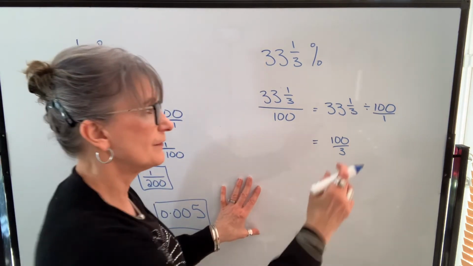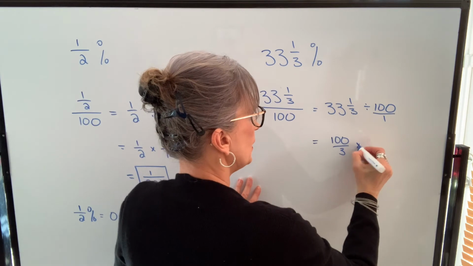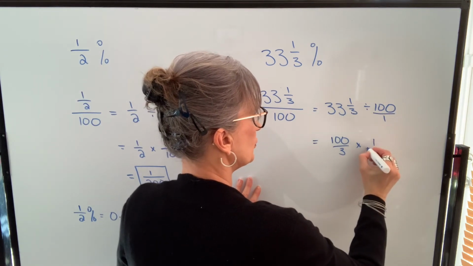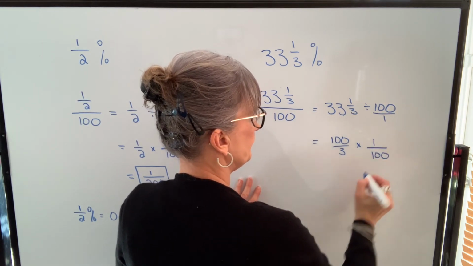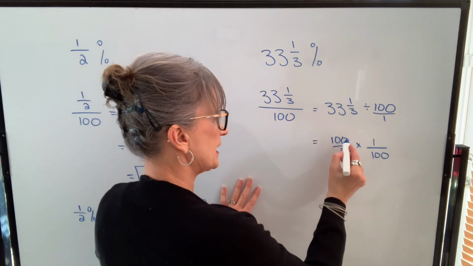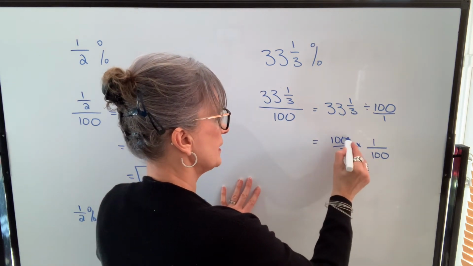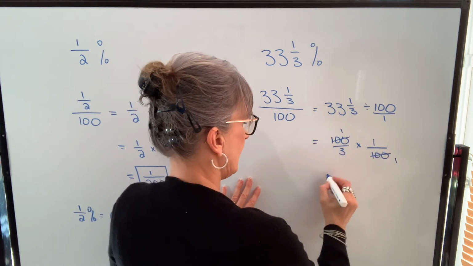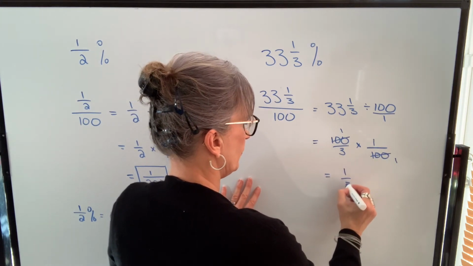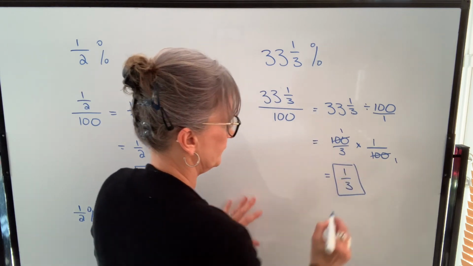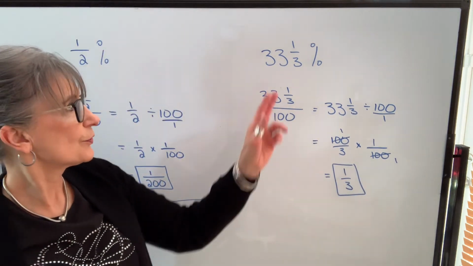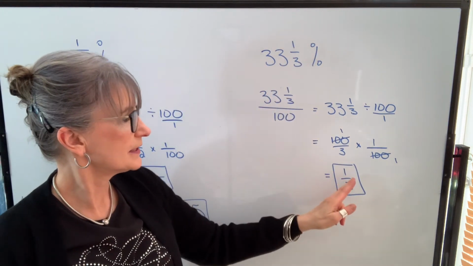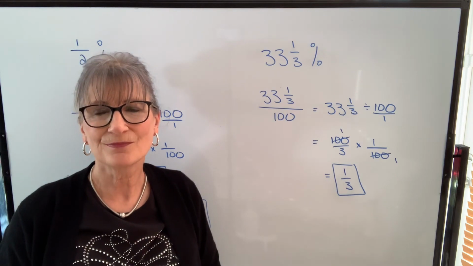And in order to divide, I have to multiply by the reciprocal. So I'm going to multiply by 1 over 100. I'm allowed to cancel when I'm multiplying fractions. So 100 goes into there once, 100 goes into there once. And this fraction will be equal to 1/3. So 33 1/3% is the same as 1/3.